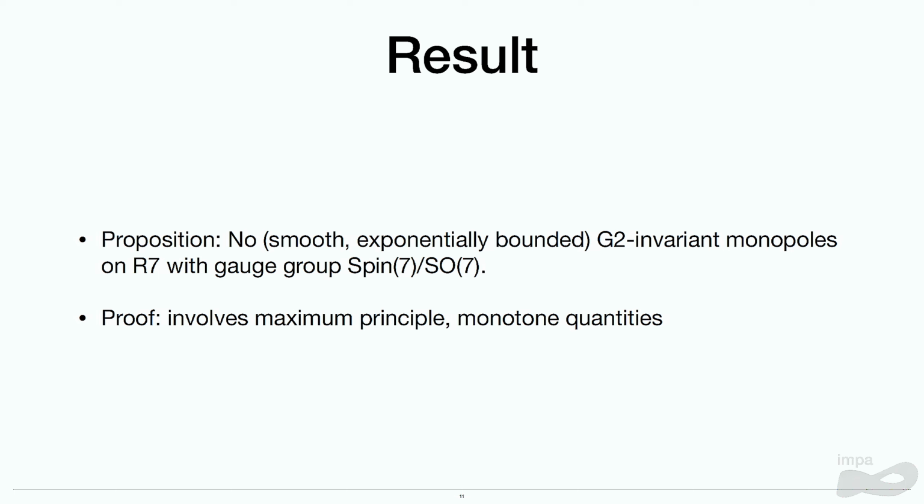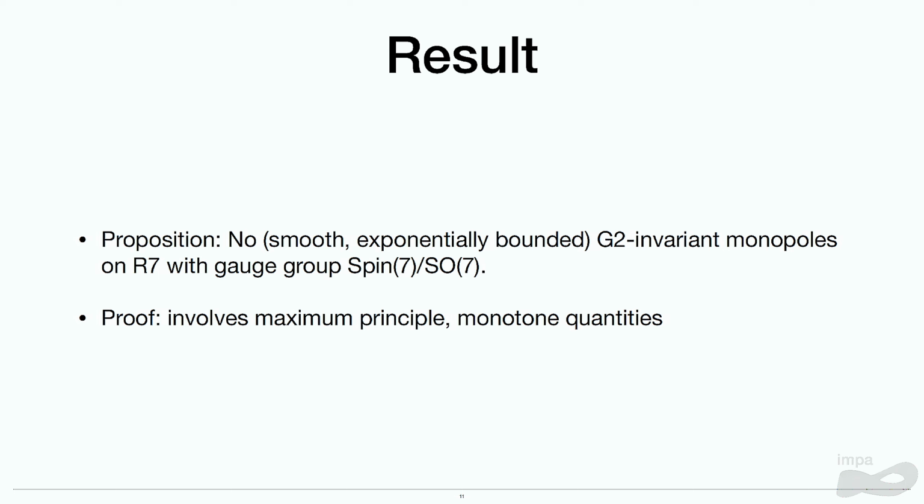The proof involves the maximum principle, it's not particularly hard, and some other monotone quantities. At the moment, Derek and I are trying to use the insight from these monotone quantities to see if we can prove something without the assumption of symmetry.